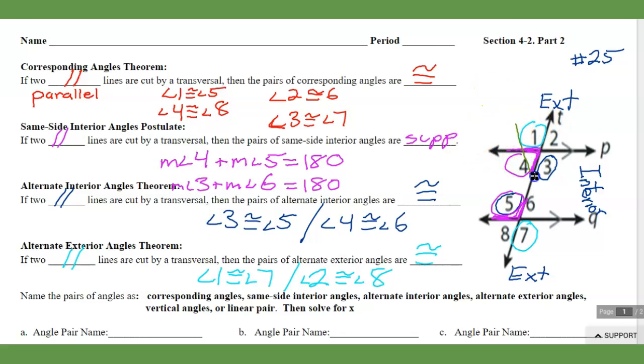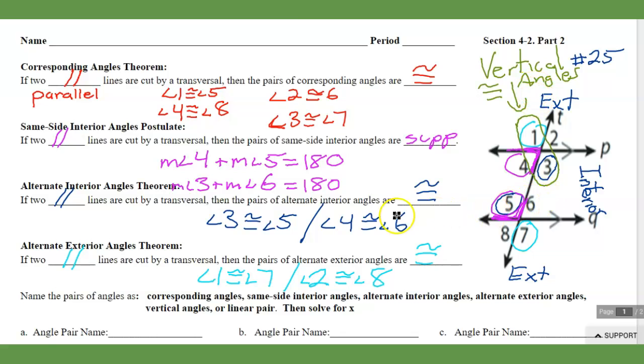And that would be something like this, 1 and 3. Those are vertical angles. Okay, that's what we did a couple of days ago. Right? And those are congruent to each other. So vertical angles 1 and 3, 2 and 4, 5 and 6, and 7 and 8. Those are all vertical angles.